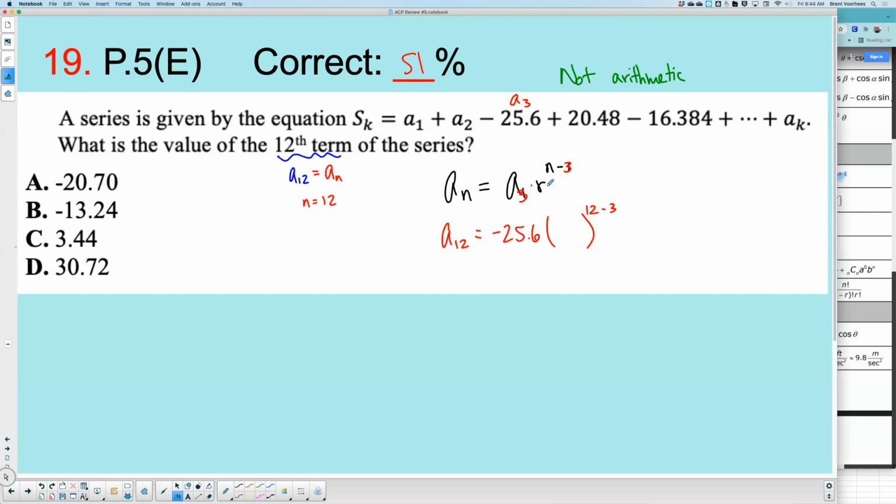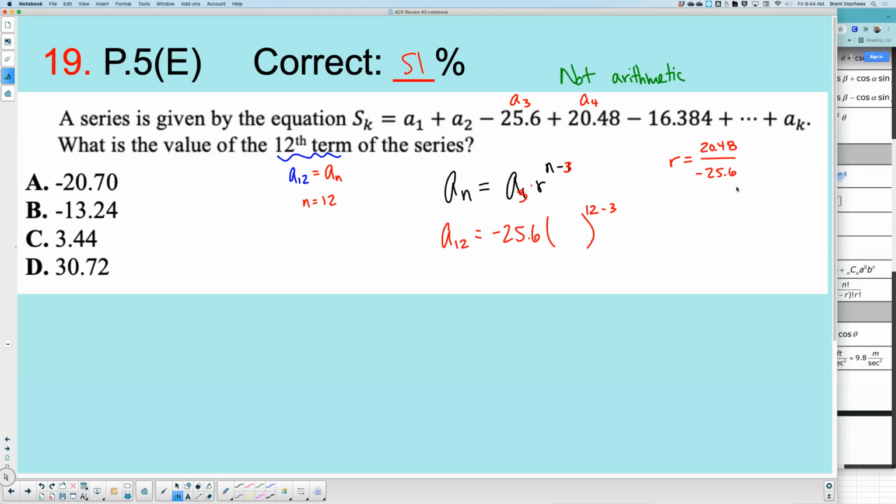How do you find an R? The second divided by the first. The second they give you divided by the first. It doesn't matter which ones you choose. It doesn't have to be literally the second divided by the first, but just the second number you see divided by the first number. We are going to use that right there.